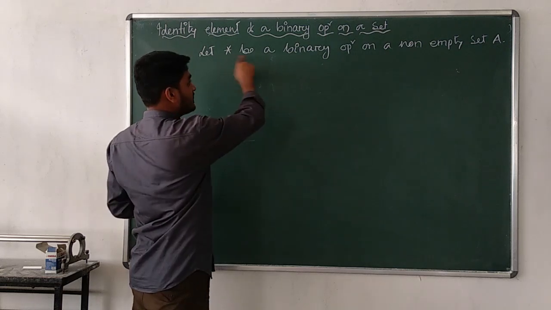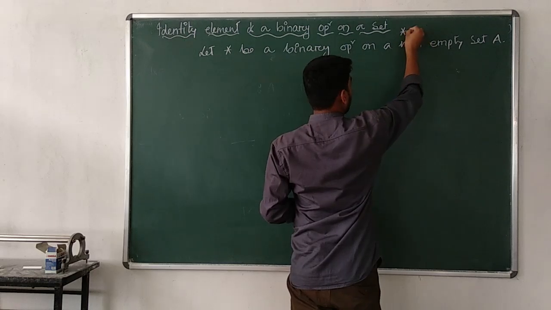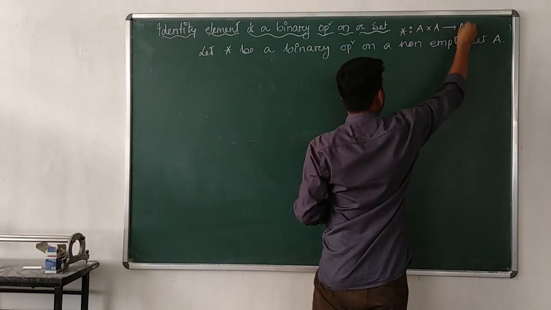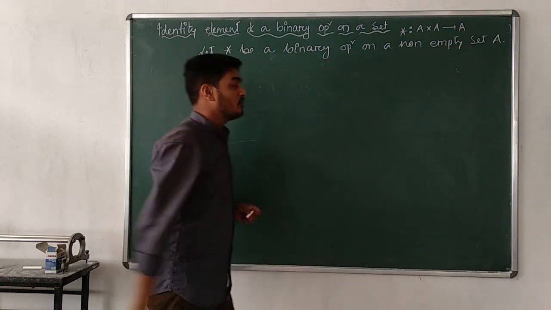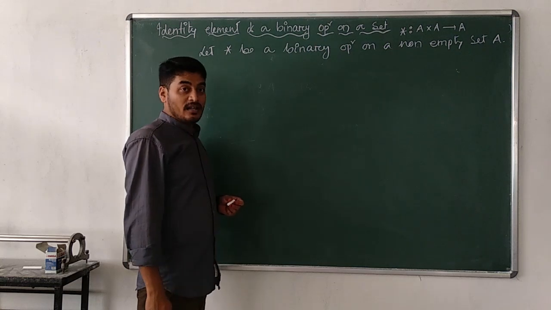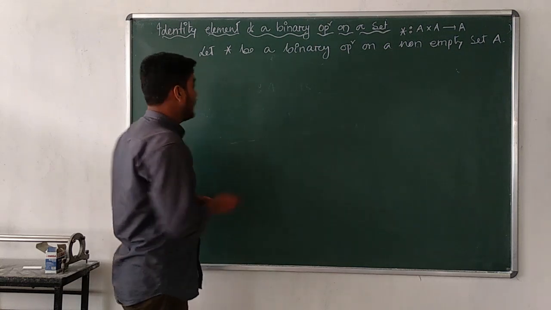What does it mean? Star is a binary operation on A means star such that A cross A to A. Those who have gone through the previous video have come to know that star such that A cross A to A is another representation of star is a binary operation on a non-empty set A.